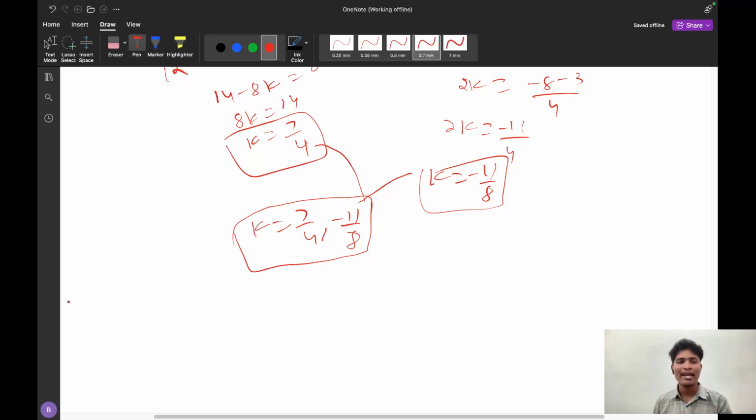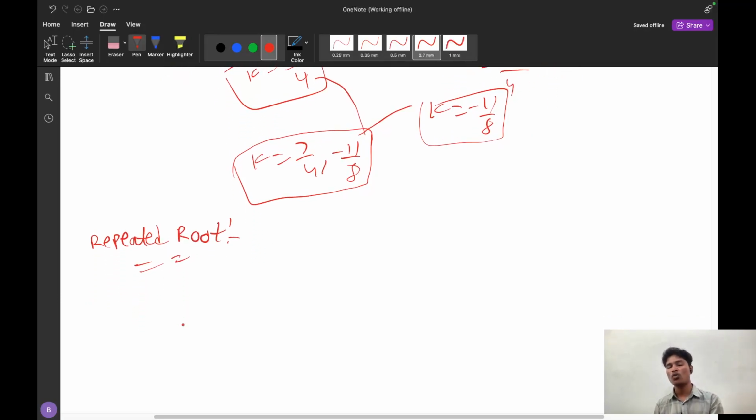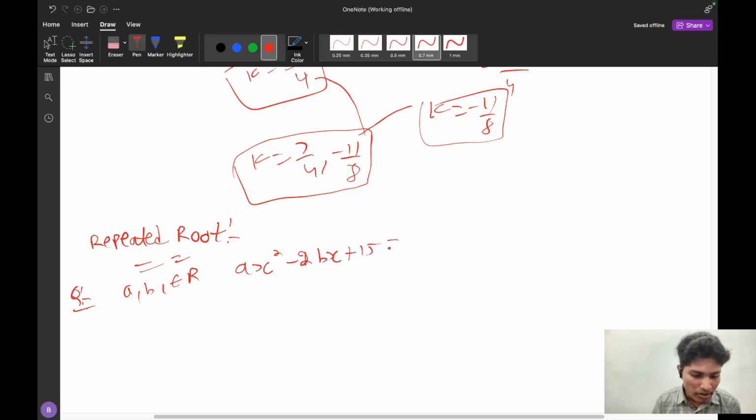Now another important concept, that is repeated root. What is meant by repeated root? Suppose alpha is a root of an equation, then again alpha is a root of that same equation. I will make you understand with the help of one question. They are saying alpha, b belong to real numbers, and they give one equation ax square minus 2bx plus 15 equal to 0.